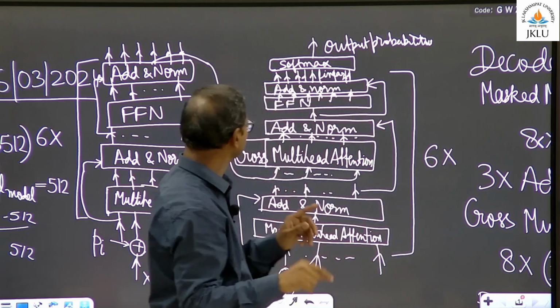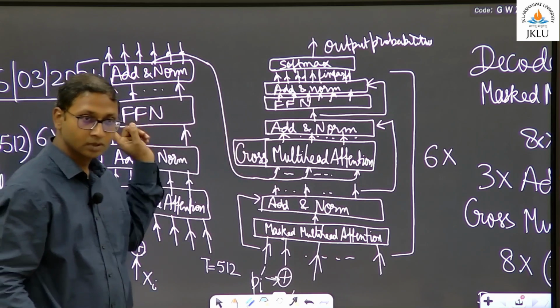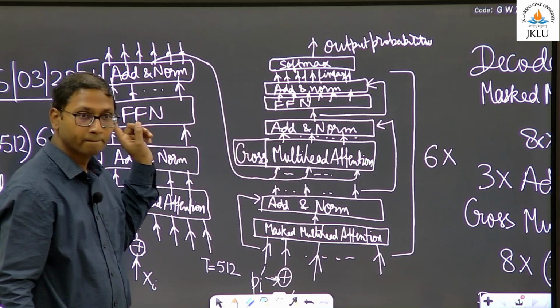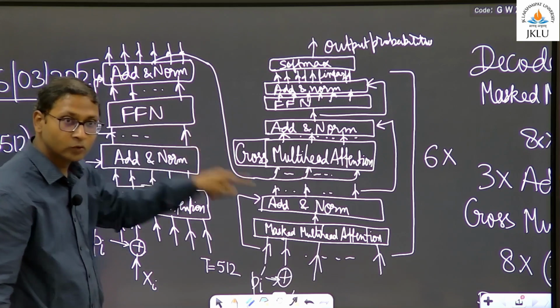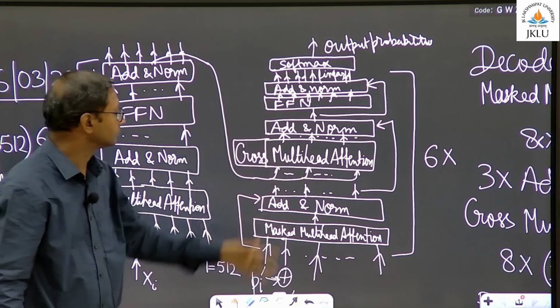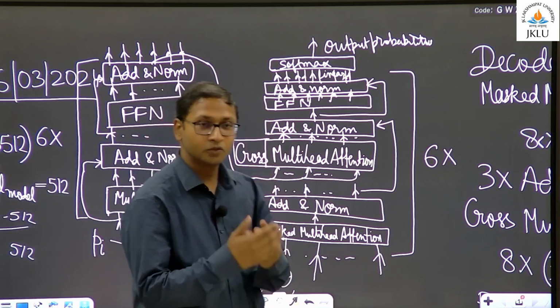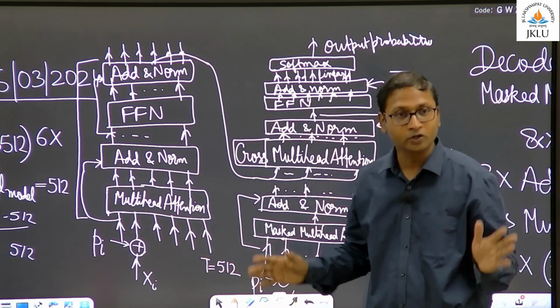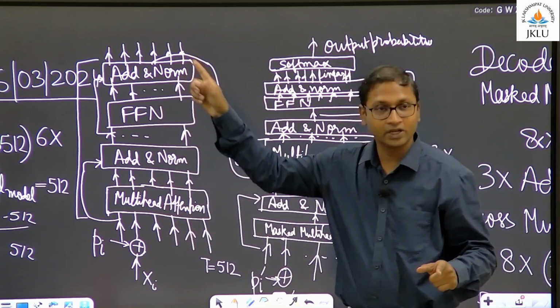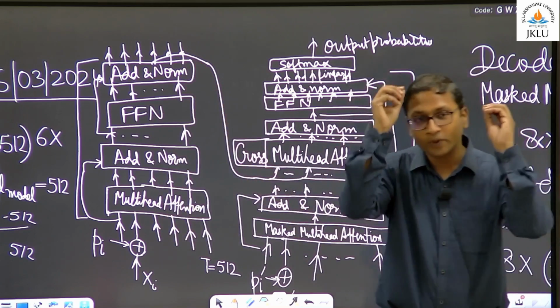Say that again. You mean to say this 512 can be different? You can do whatever you want. So if you want to take 512 here, 1024 here, nobody stops you.